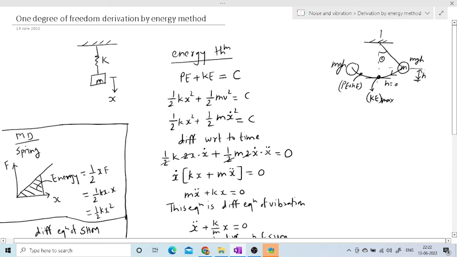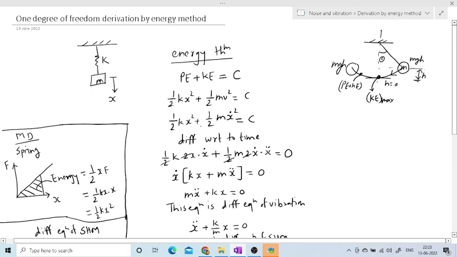For the pendulum, it will also be converted potential to kinetic, kinetic to potential. When we convert from one form to another, potential plus kinetic is equal to constant. Potential is 1/2 kx square, kinetic is 1/2 mv square, and v is nothing but x dot.